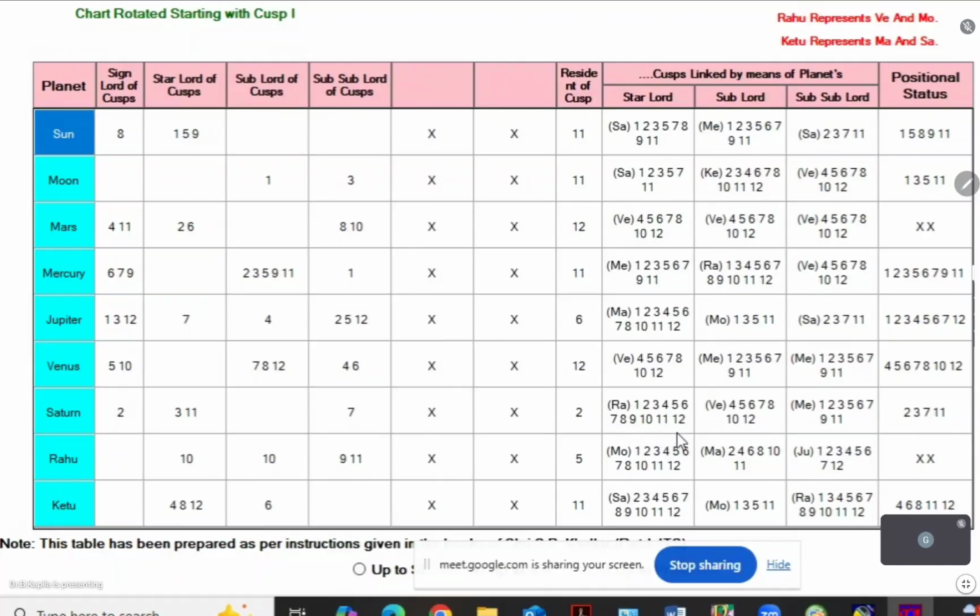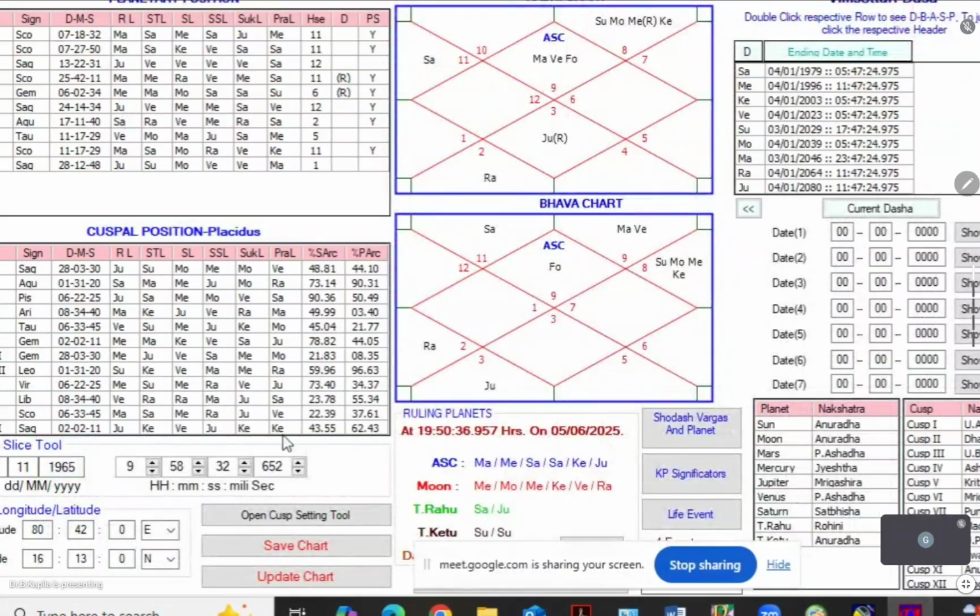Okay. Now, the third important point is we were talking here about the death of the father and mother, the two inauspicious events which have happened. Now, the question is which relative of the native is likely to die, is likely to suffer when 8 and 12 are linked to the progressed ascendant sign lord.